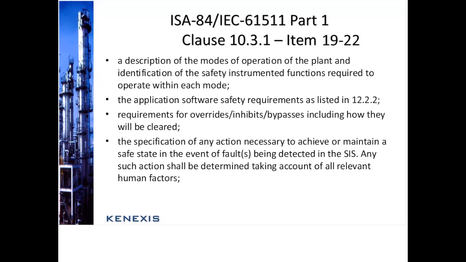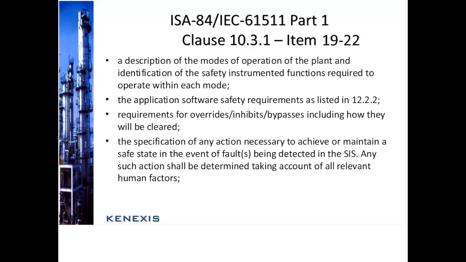With this, we need to be very scrutinizing of what's going to happen and any special requirements of safety instrumented functions so that they can operate correctly within each mode of the operation of the plant. The application software requirements, this is talking about the software, and this is listed in 12.2.2 of IEC 61511 Part 1.